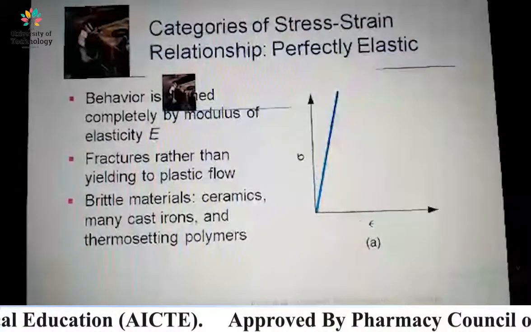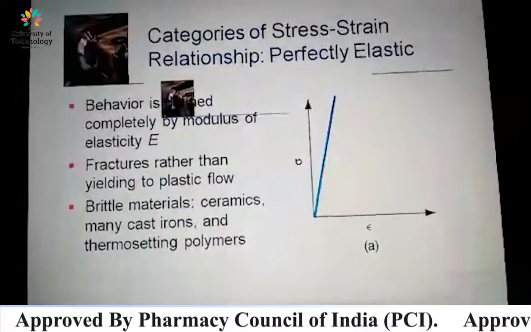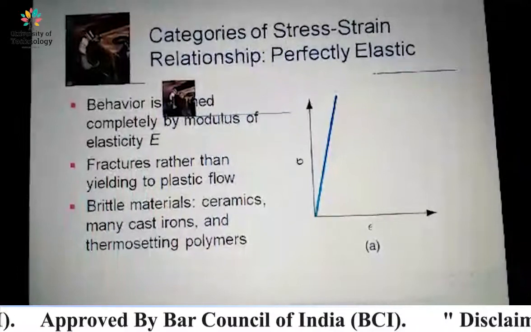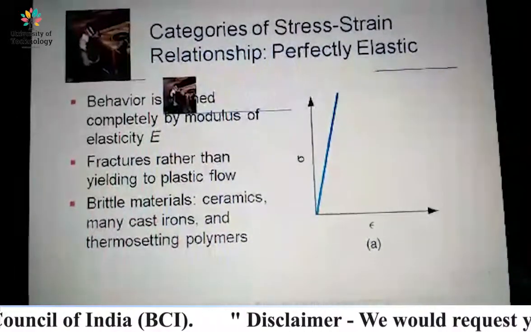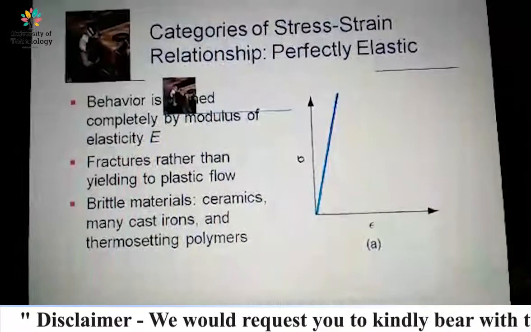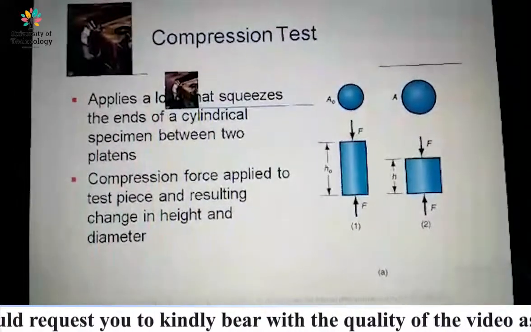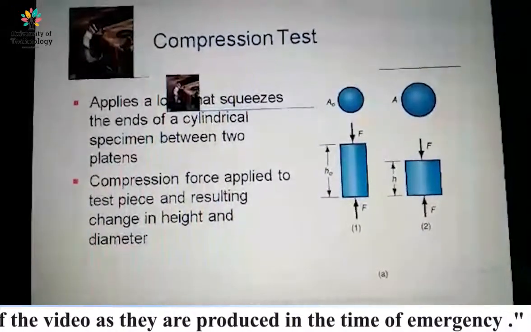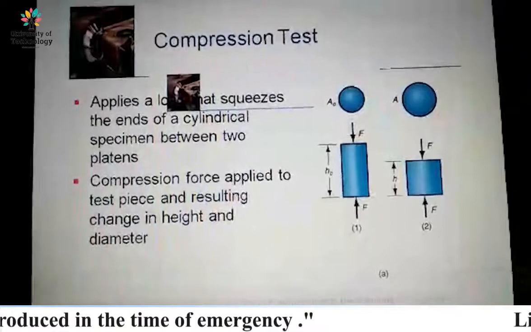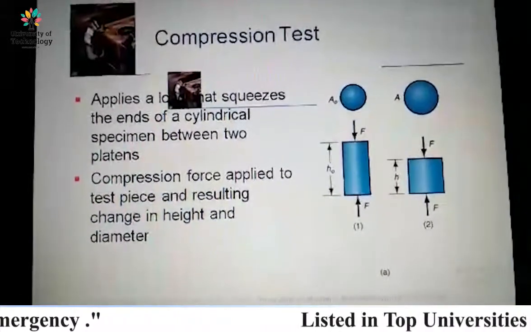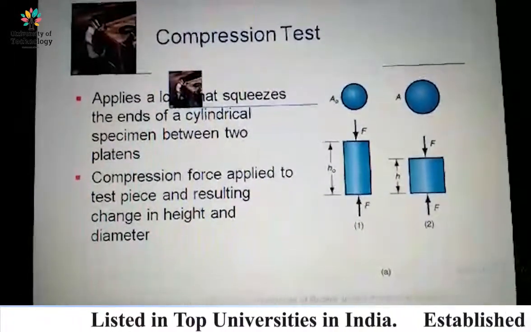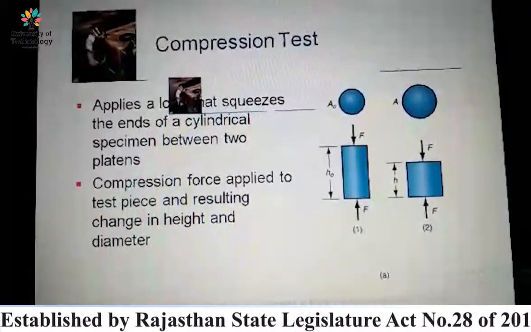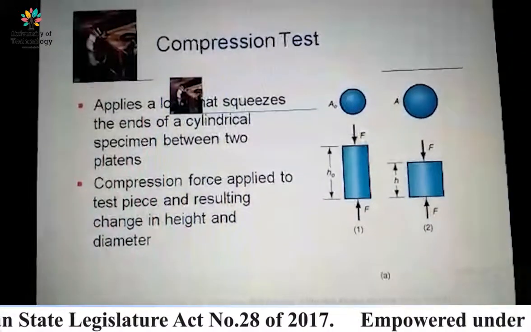Right. Categories of stress-strain relationship: perfectly elastic. This is the stress-strain curve graph. Right. And the second is the compression test. Compression test means applying a load that squeezes the ends of the cylindrical specimen between two plates. Compression force is applied to the test piece, with a resulting change in height and diameter.